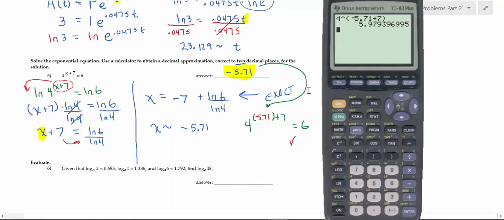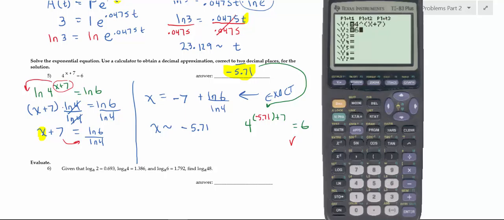This problem could also be solved graphically. You could put in the left side, which is 4 raised to the, with parentheses, x plus 7, and then put in 6 for y2.